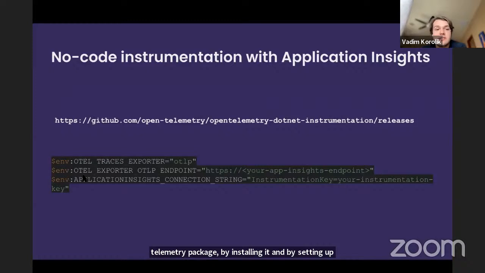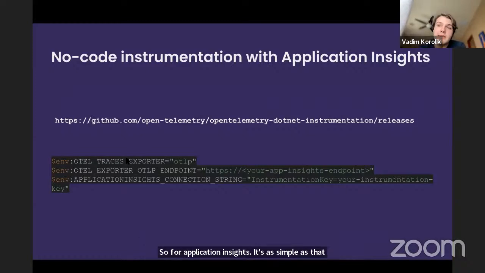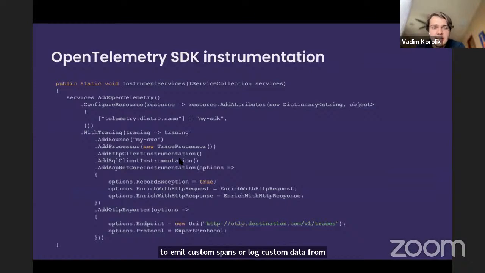So for Application Insights, it's as simple as that. You'll get auto instrumentation, but you won't be able to emit custom spans or log custom data from your code. So with that, we can transition to the actual OpenTelemetry SDK example.